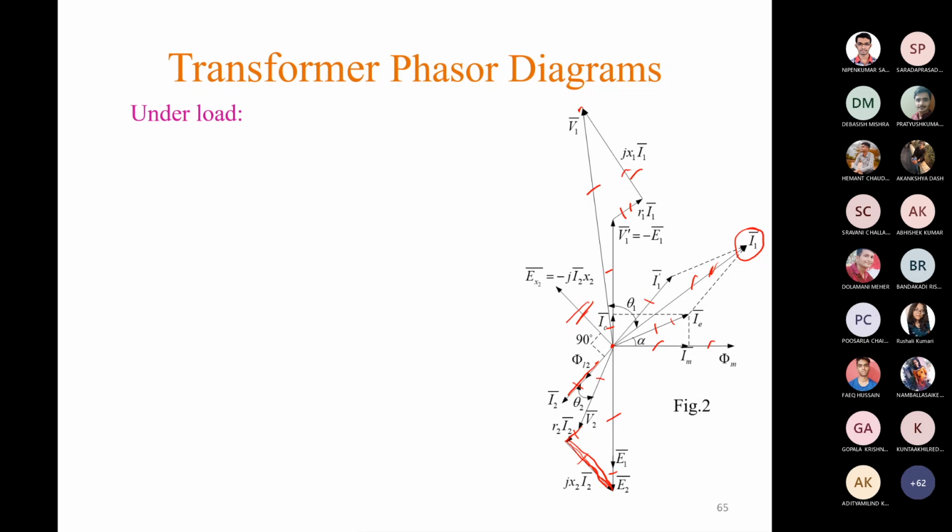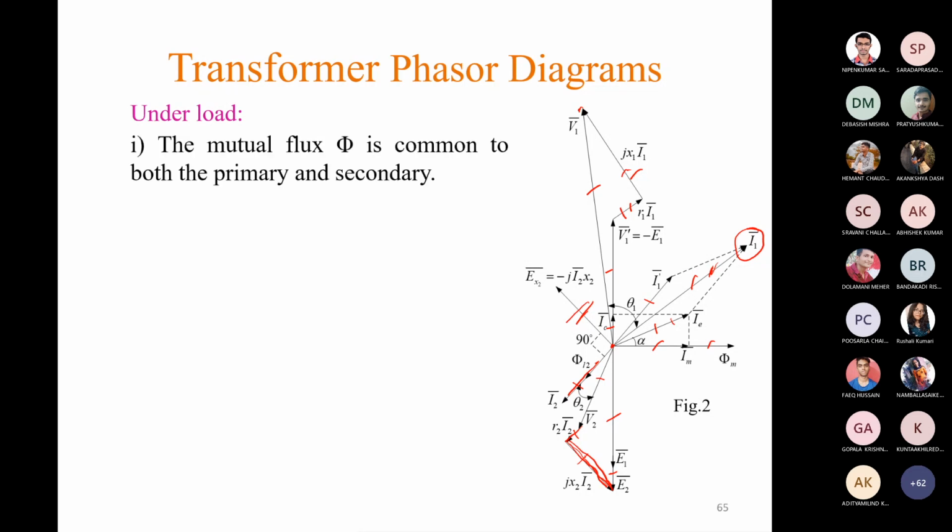So how to draw the total phasor diagram? First of all, take the mutual flux as the reference phasor because it is common to both primary and secondary quantities. Induced EMFs E1 and E2 lag phi by an angle of 90 degrees. So first draw phi, then E1 and E2 lagging phi by 90 degrees.